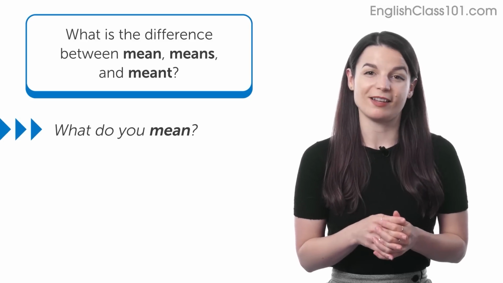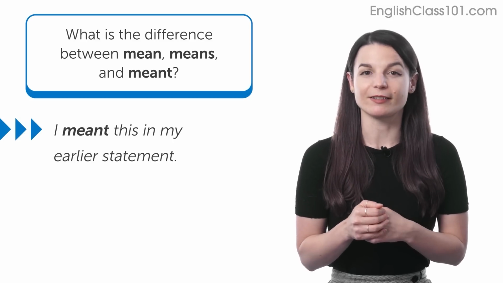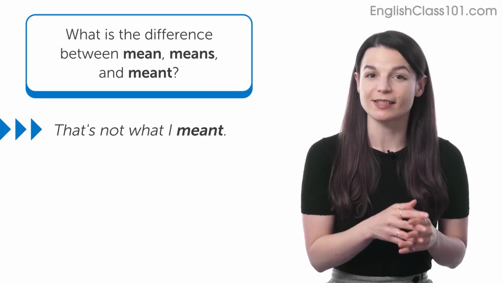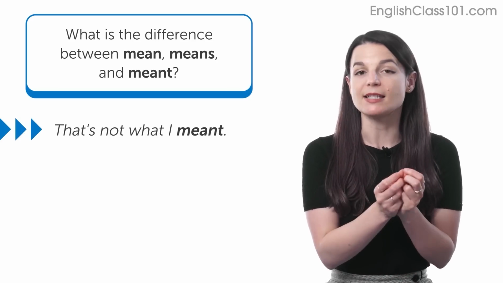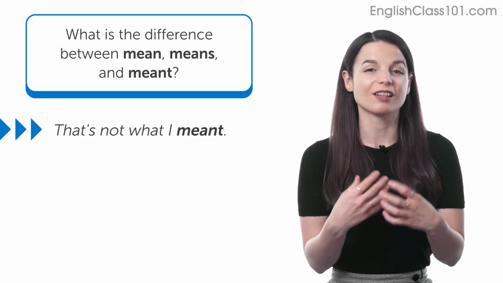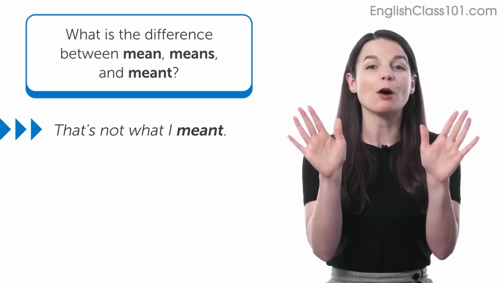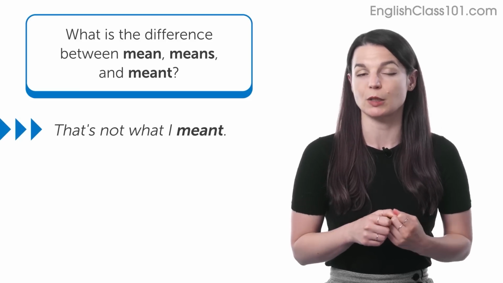We can look at some more examples of this, like, I meant this in my earlier statement, or that's not what I meant, means that's not what I wanted to say, or that's not what I was trying to express. So meant is the past tense of mean. We can use it in this way to talk about our past intended purpose, right? So that's not what I meant, means that's not what I was trying to say, that's not what I was trying to express.